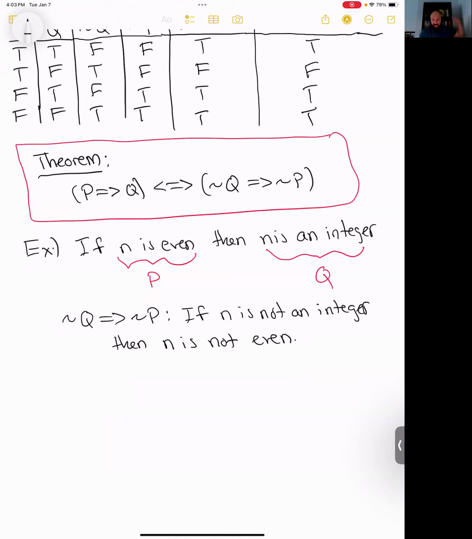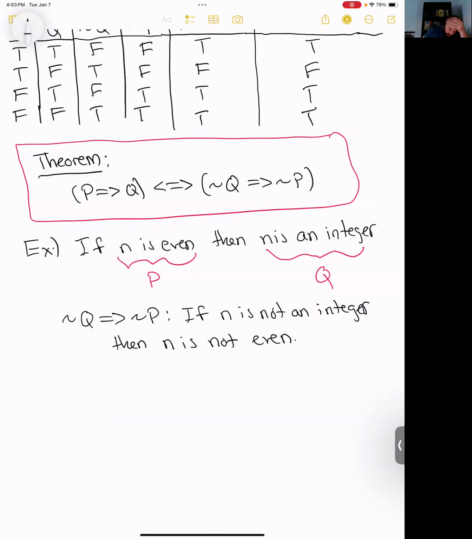Well, notice if n's not an integer, then how could it even be even? Even is a smaller subset of the integers, and if you're not even an integer, then you can't be even, right? So it's equivalent to saying if n is even, then n is an integer, right? So those are both equivalent.